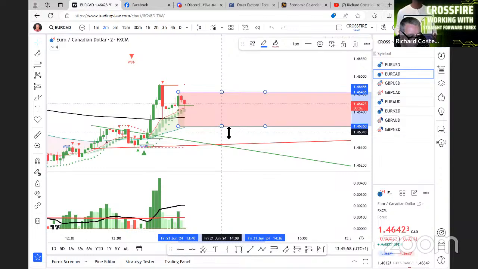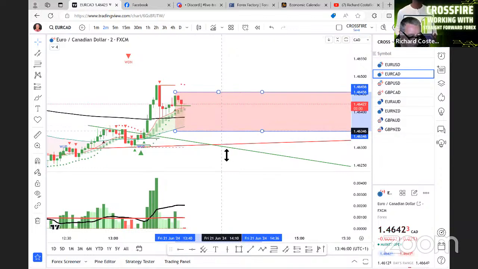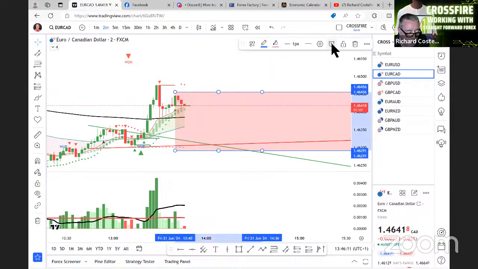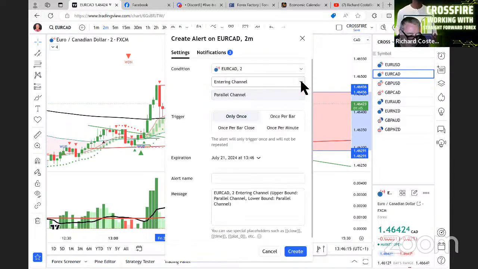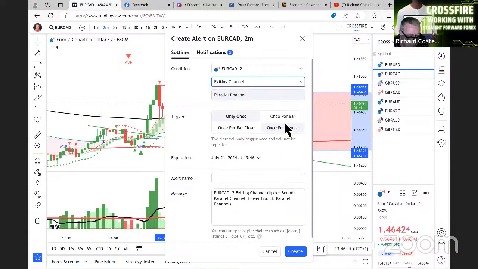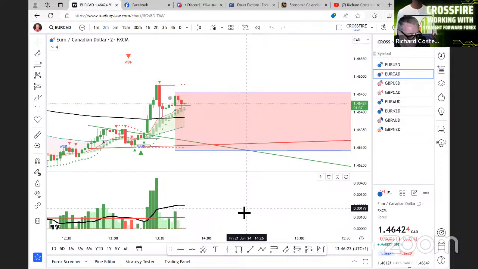And I need to plug that down below that red dash line. And once again, if I click on that point there, I'll get an alarm alert, exit the channel, once per bar, create.